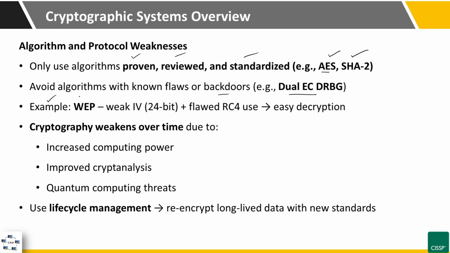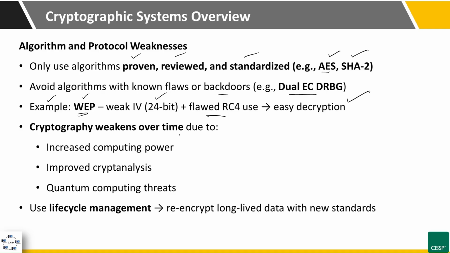An example of a weak or compromised algorithm is WEP, which is Wired Equivalent Privacy used inside Wi-Fi. It is weak, with a 24-bit value, and also flawed, and it can be easily decrypted. So you should never use such algorithms that are proven to be weak and compromised.